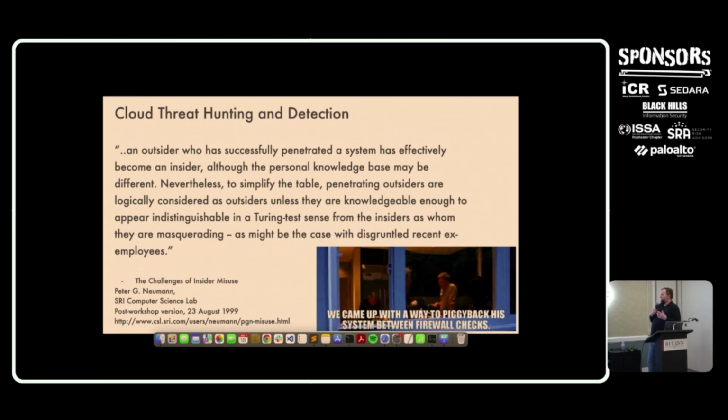He argued that a compromised user account and an insider threat are logically similar enough that it's hard to distinguish or disambiguate between them.